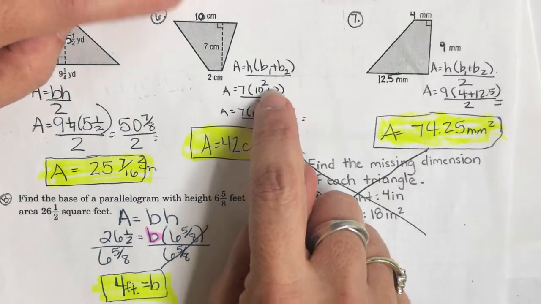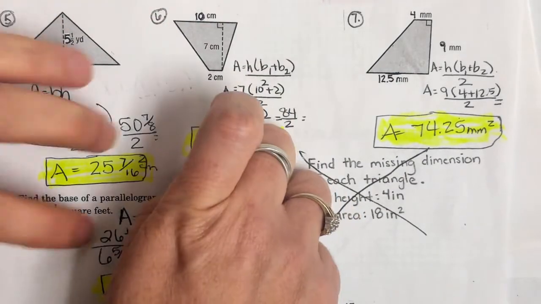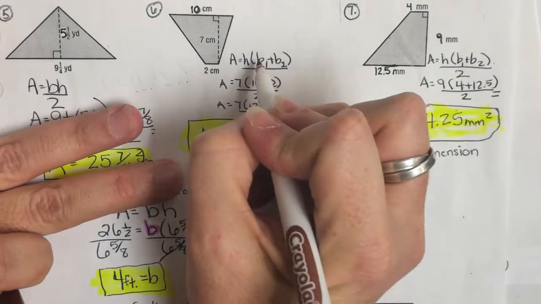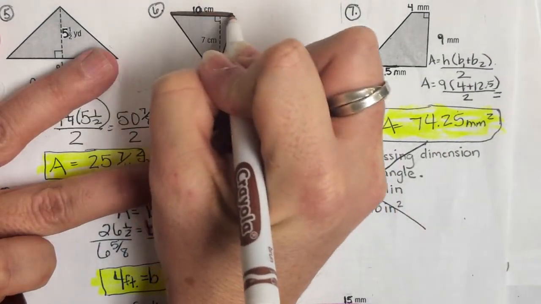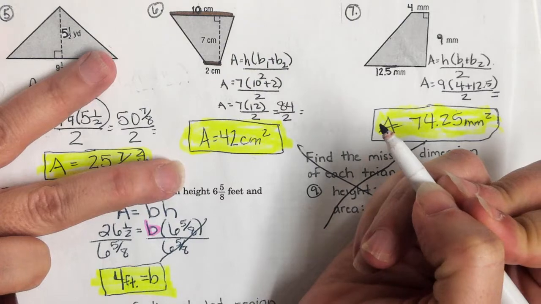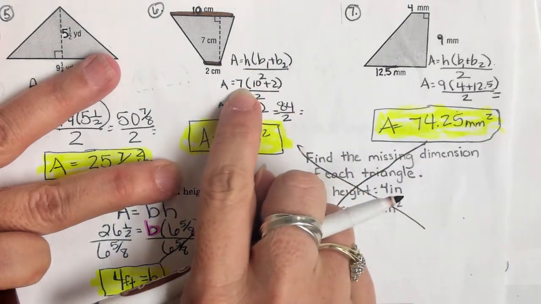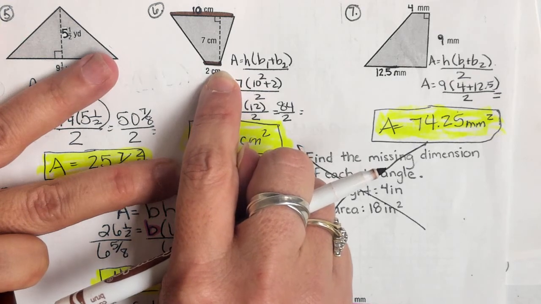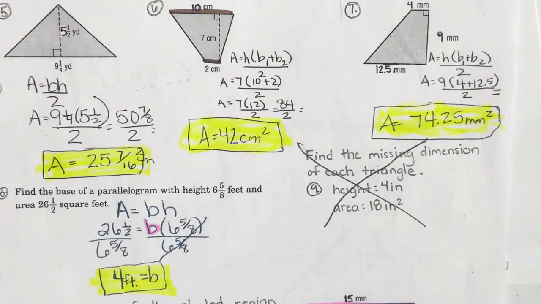Okay, so the bases have to be parallel lines. So to get these two, B1 and B2, it is this one and that one. Does that help? And then the height on the outside is the 7. Does that help a little bit?